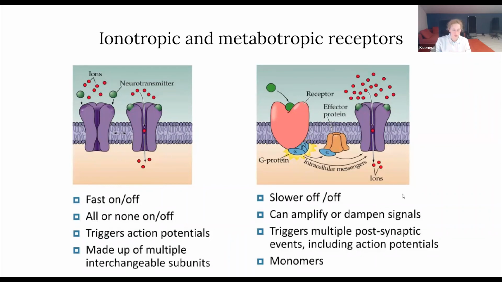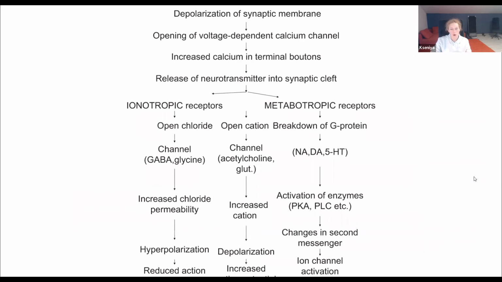ionotropic receptor. And metabotropic receptors are slower. They can amplify or dampen signals. They can also trigger different postsynaptic events, and they are monomers, which means that there is only one molecule in this receptor. Metabotropic receptors mainly respond to modulators like dopamine, serotonin, and norepinephrine.